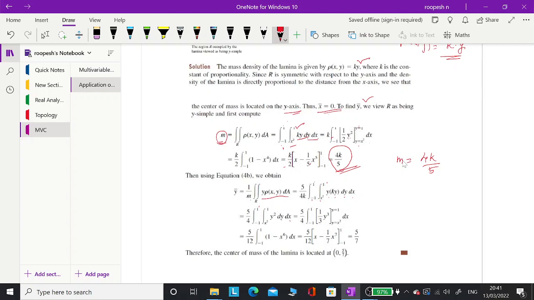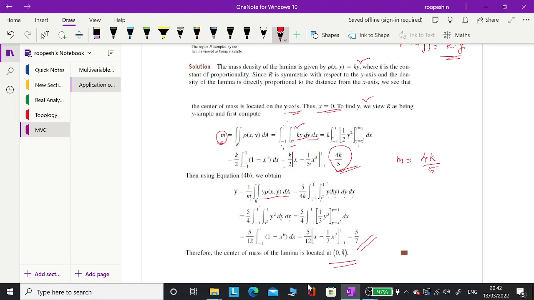So we can integrate that, you will get it as 5 by 7. Therefore the center of mass of the lamina is located at 0, 5 by 7, because already we have said that since it is symmetrical, its x bar should be 0, that is the point lies on the x-axis.